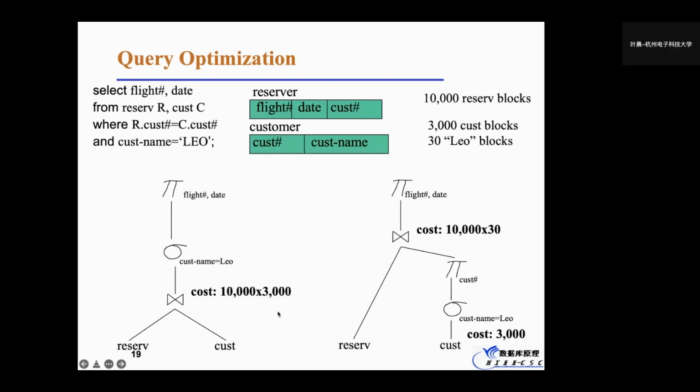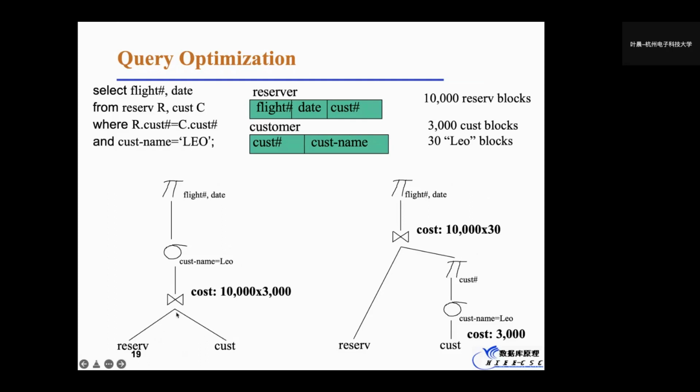For example, if you first make a Cartesian product, first you need to make a natural join between these two tables, and the cost is like this.